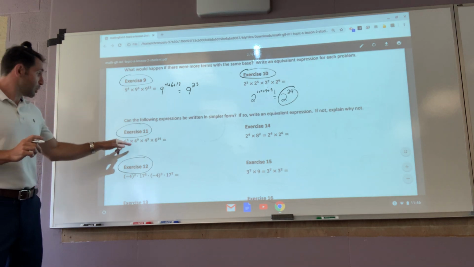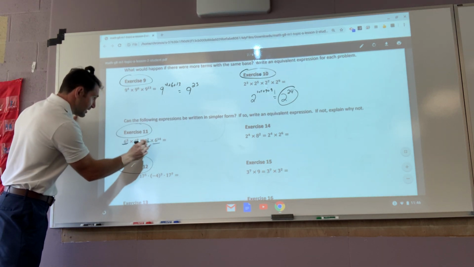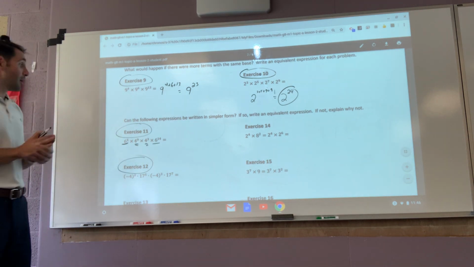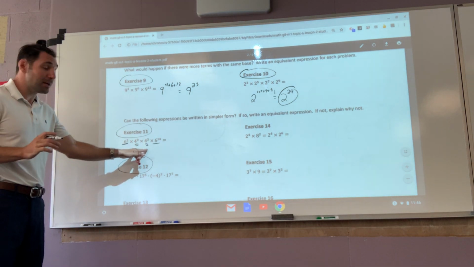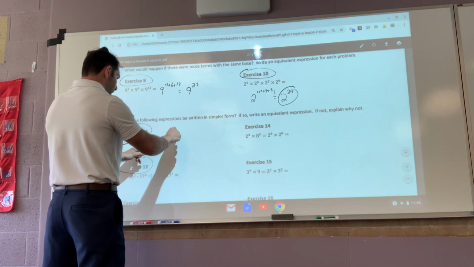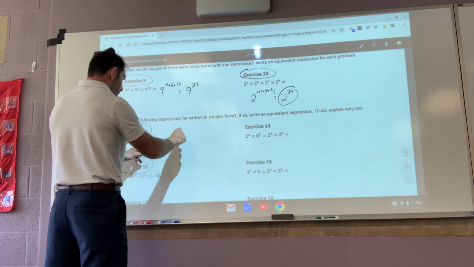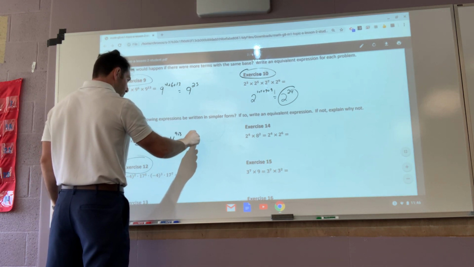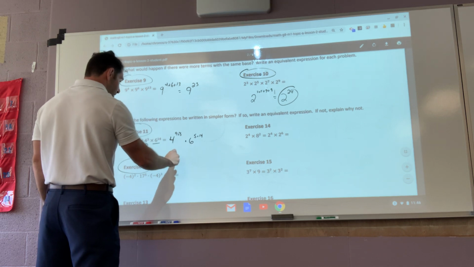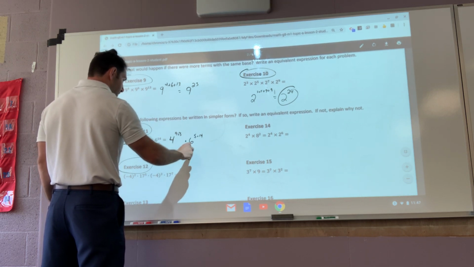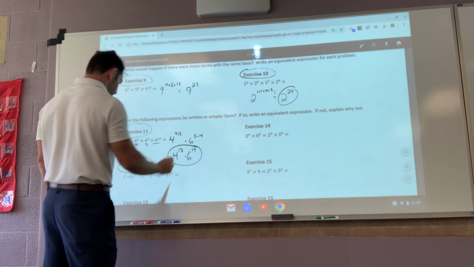This guy, okay. Problems. We've got a 6 and a 6, and we've got 2 4s. So we can't combine them all. But listen, we can combine the like bases. So 4 to the 9 plus 3, multiplied by, because we're multiplying, 6 to the 5 plus 14. So in essence, that's 4 to the 12th multiplied by 6 to the 19th.